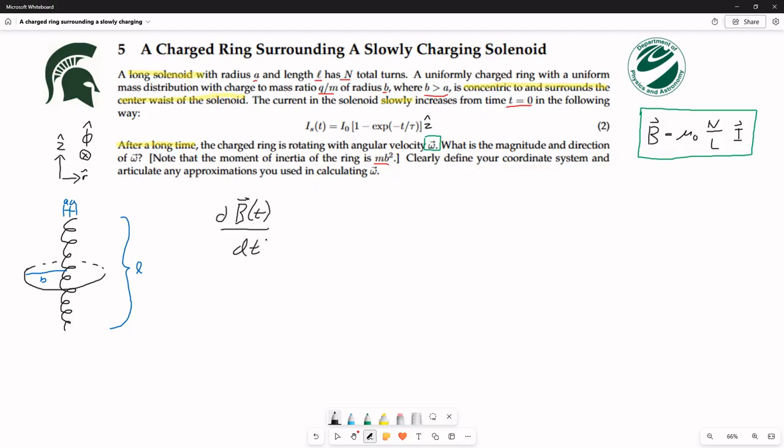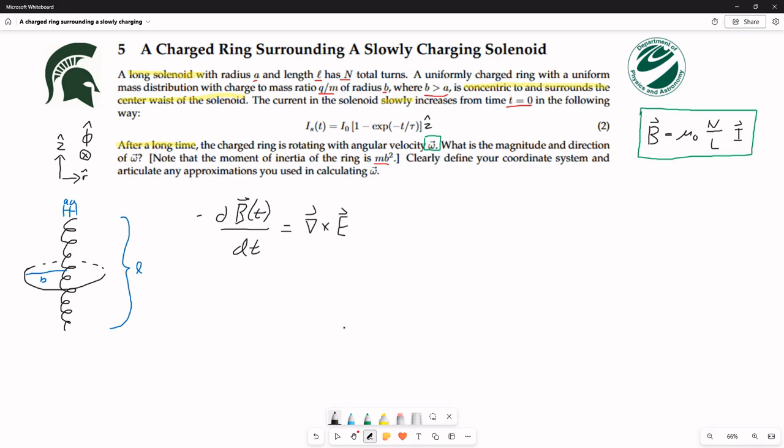This equals something, and hopefully if you have your Maxwell's equations pretty well memorized, you can say that the negative dB dt equals del cross E. And hopefully that is enough to get you in the right mindset of how this ring is going to start rotating.